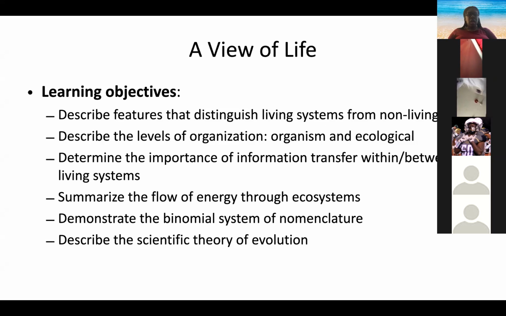We want to be able to describe some of the levels of organization. We can study organisms and life from an organism perspective, but we can also study life from an ecological perspective, thereby taking into account the role of the environment.